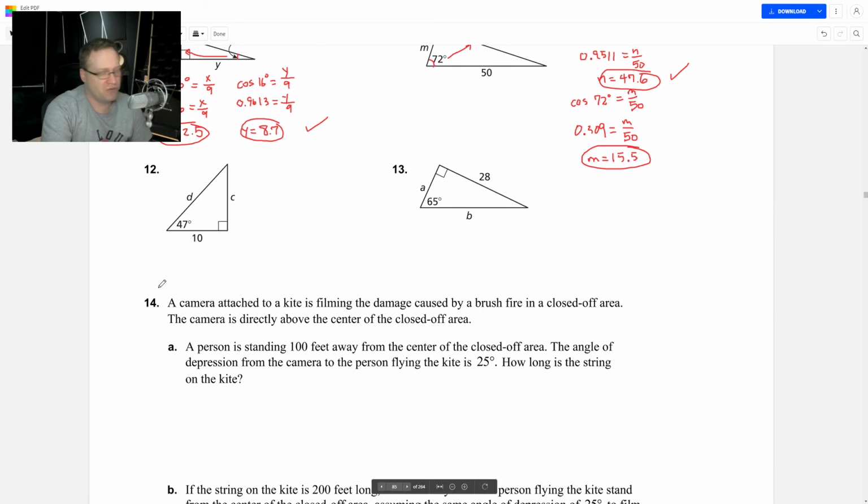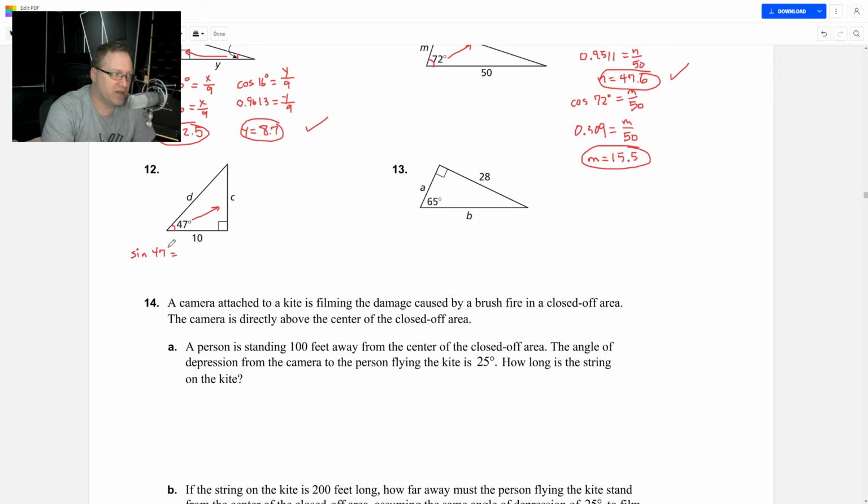Let's look at number 12. We're going to still use the sine and the cosine. This time we have 47. So we have the sine of 47, but we have a problem here. Sine of 47 is not going to be very helpful because the sine is the opposite, c, divided by d, but we don't know either of those.